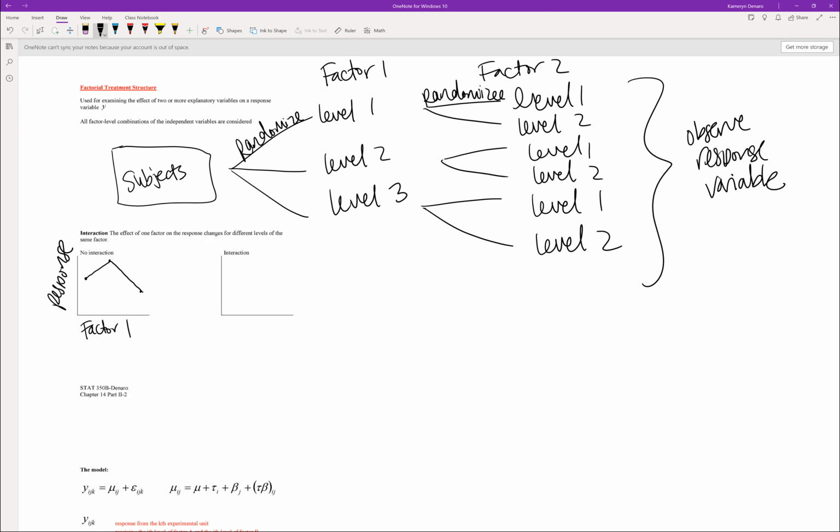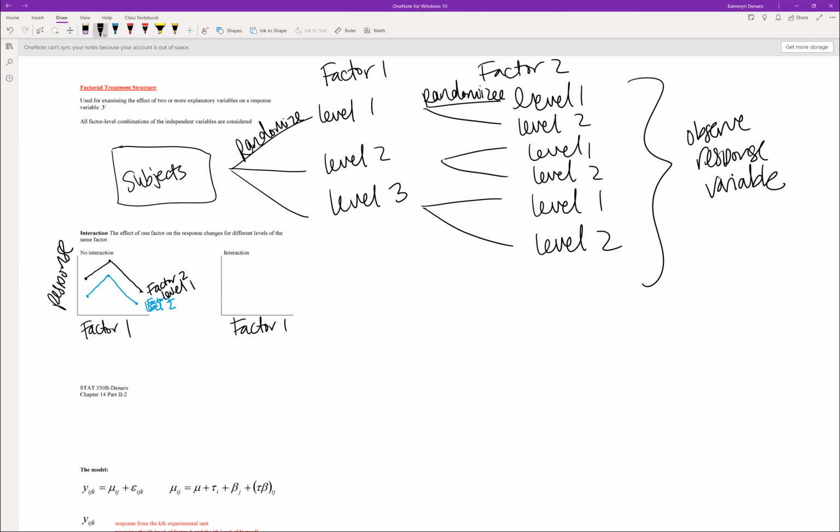This is factor 2, level 1. Then if I did a similar plot, and level 2 of factor 2 has a similar shape, then we'd say there was no interaction between factor 1 and factor 2.